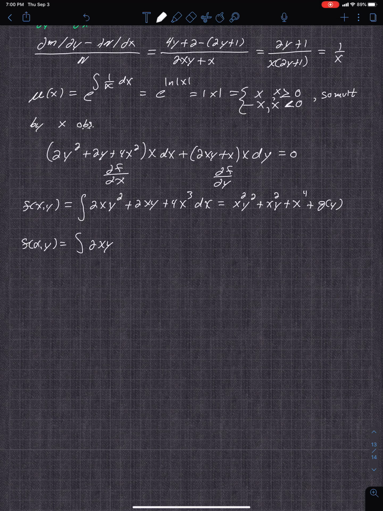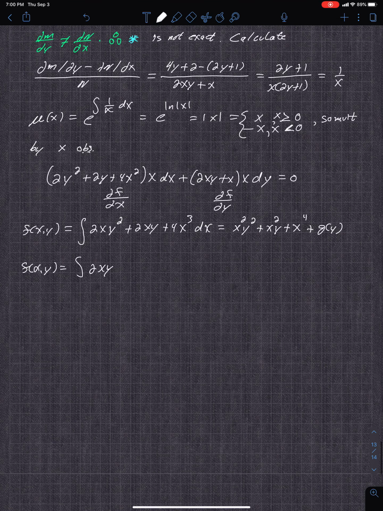I messed up my work there. 2xy. Oh, okay, yeah. 2x squared y plus x squared dy. Okay, so that's what you're integrating. And you get your x squared y squared plus x squared y plus h of x.